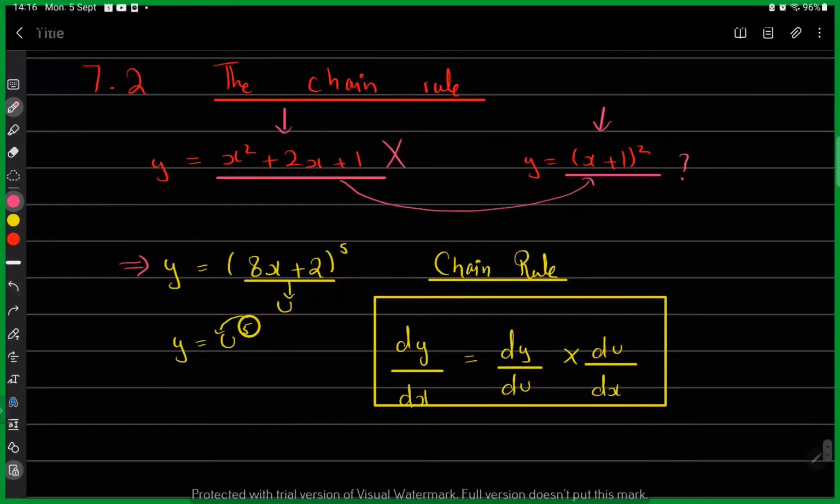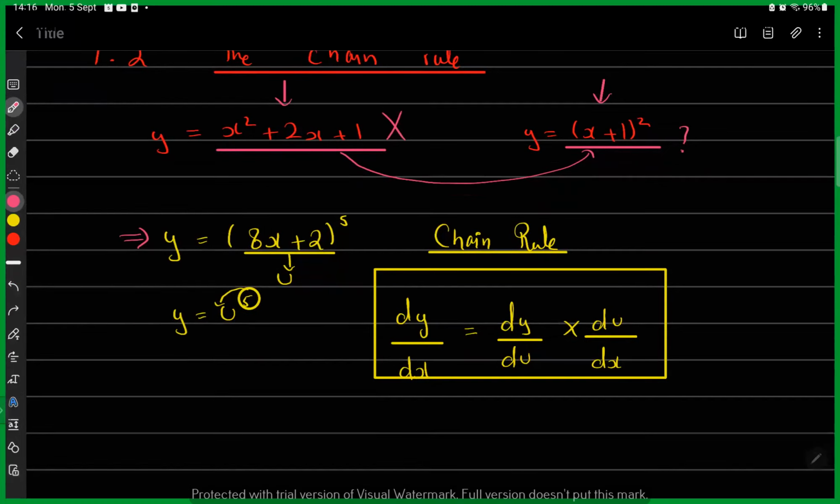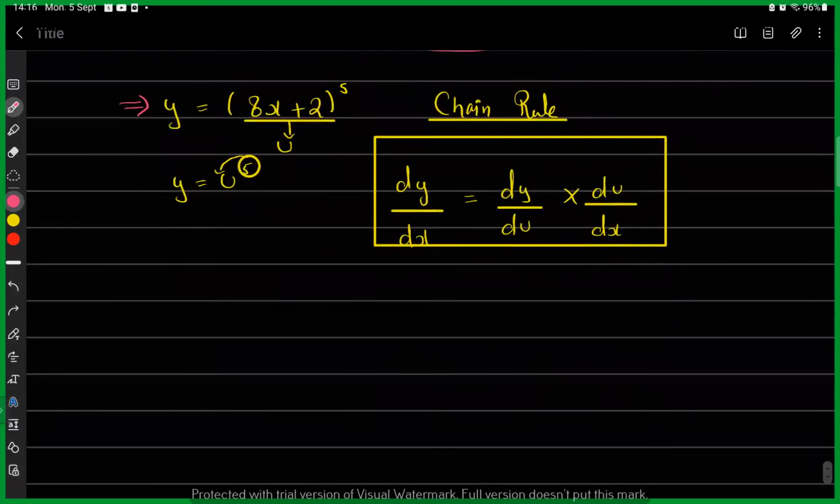Okay, now this is the chain rule. Let's do this question using the chain rule, and then things would make more sense. So my end goal is to find dy by dx for this scenario, where we have (8x plus 2) whole power 5.